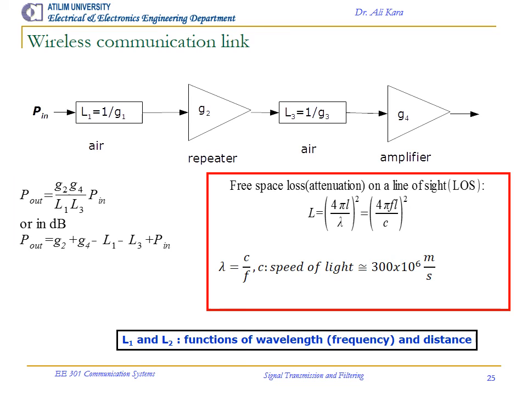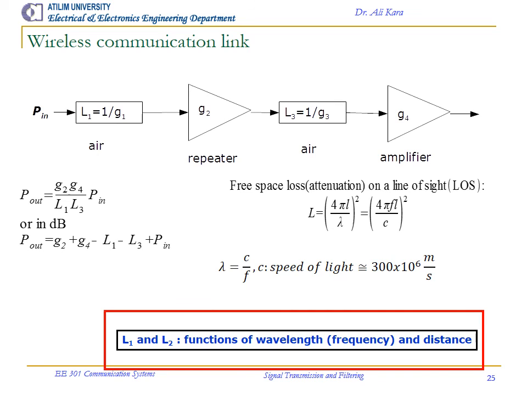The loss in the system can be calculated by the formula L is equal to (4 pi L over lambda) squared. It is also equal to (4 pi F L over c) squared, where L is the length between the communication nodes, lambda is the wavelength. L1 and L3 are functions of wavelength and distance.